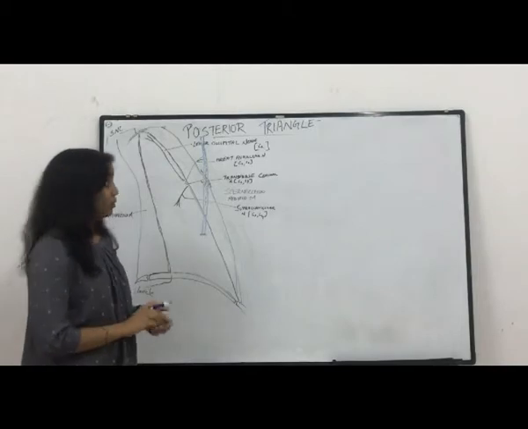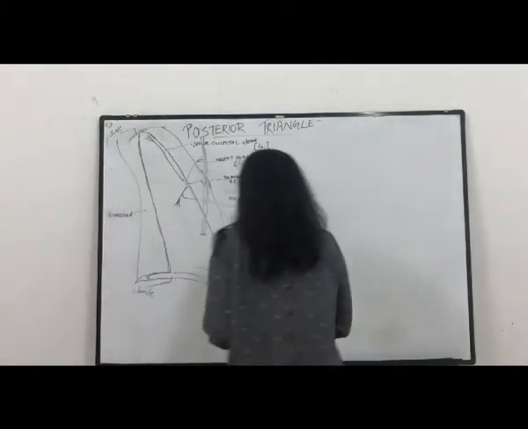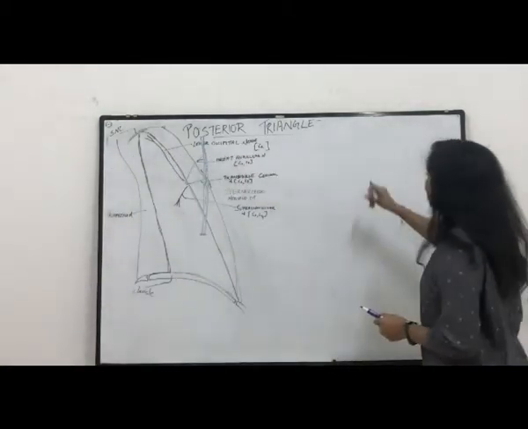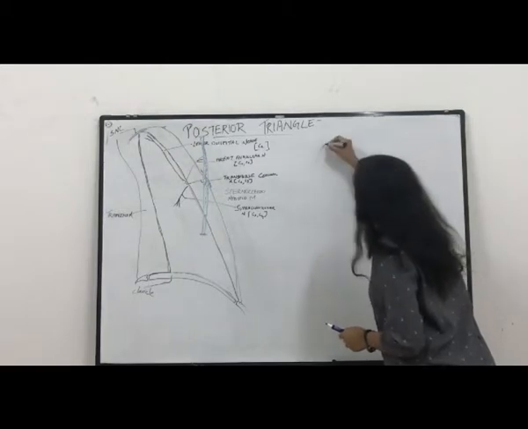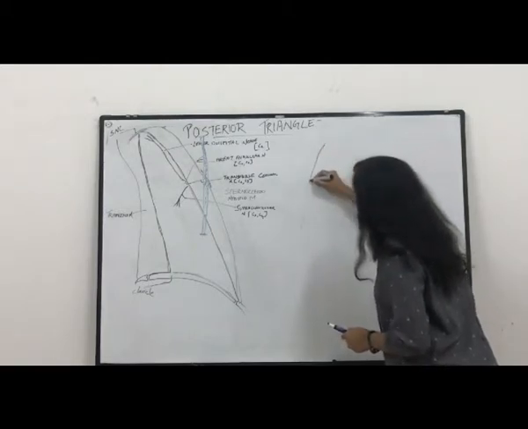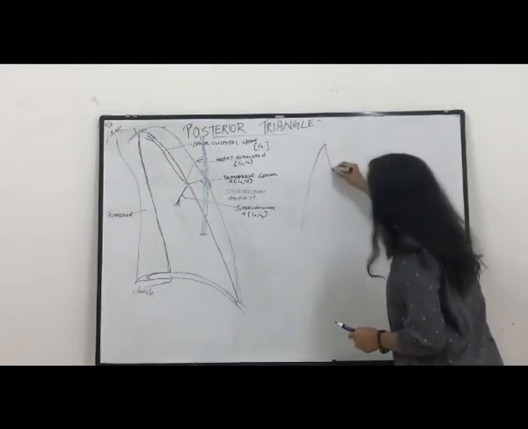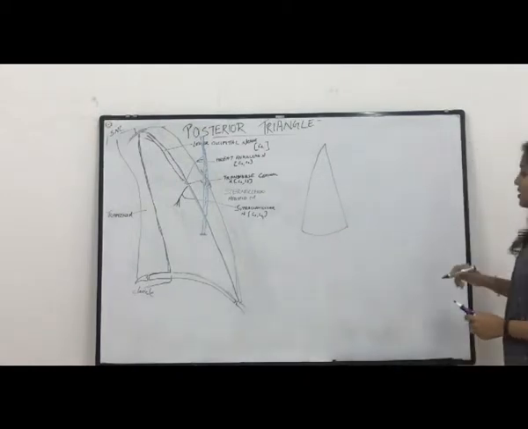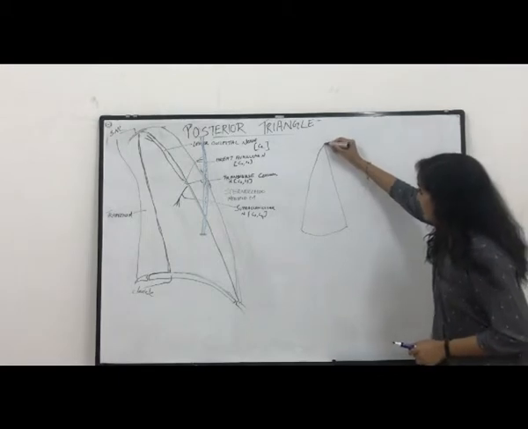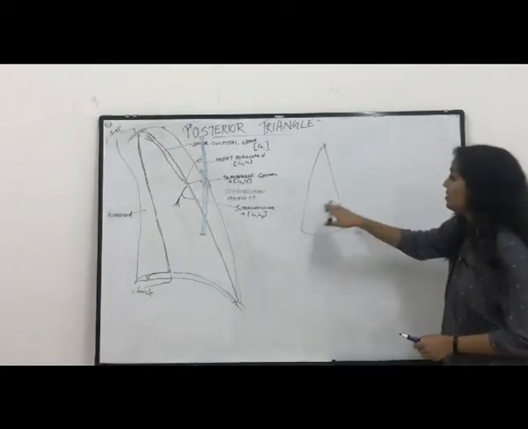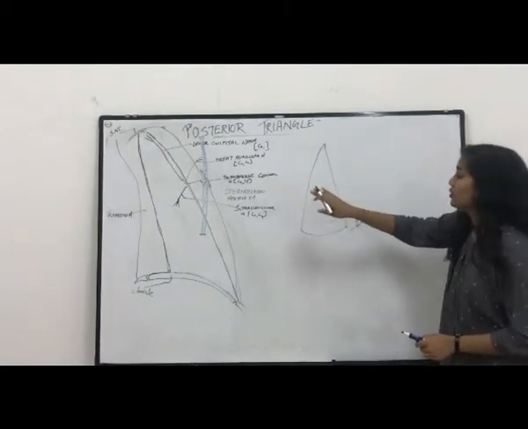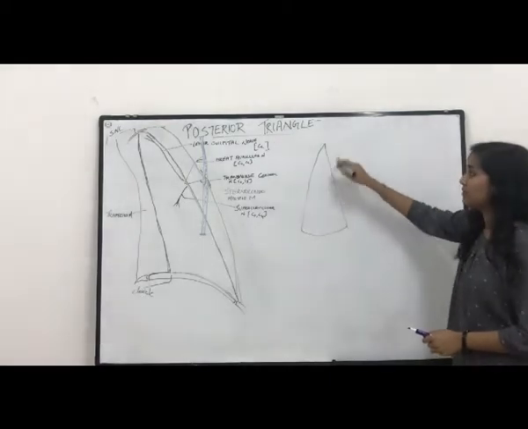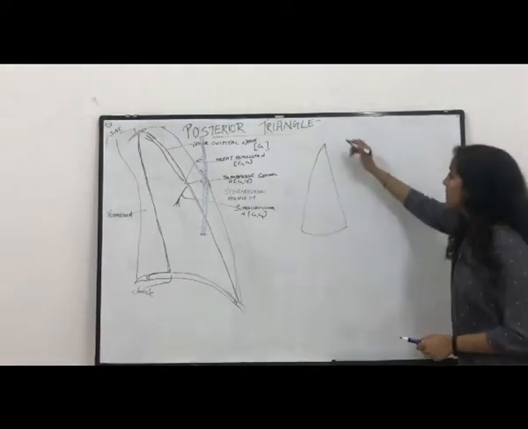So next is the floor. So I have represented the triangle like this. This is the posterior triangle itself. To mention the floor, I have taken it separately.